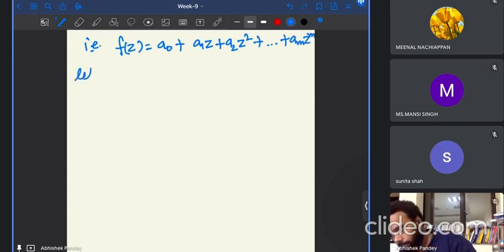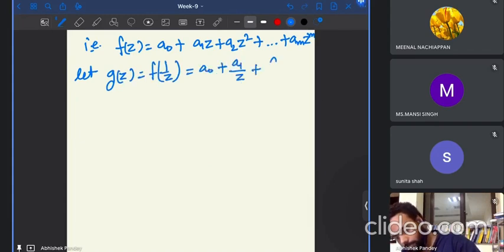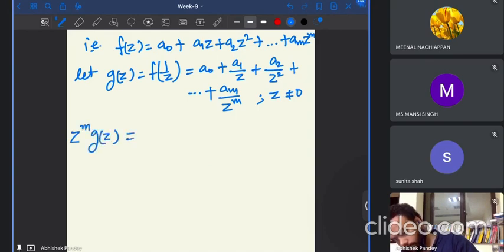Let g(z) be f of 1 by z, which is a_0 plus a_1 by z plus a_2 by z squared and so on up to a_m by z to the power m, z not equal to 0. So z to the power m into g(z) is basically a_0 z to the power m plus a_1 z to the power m minus 1 plus and so on plus a_m.